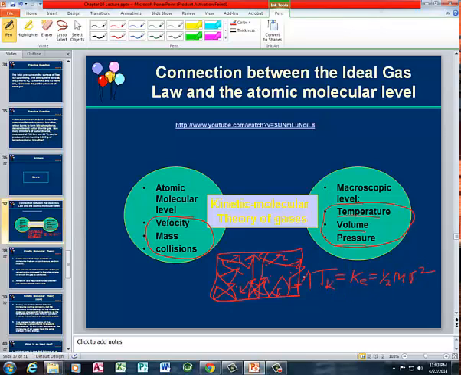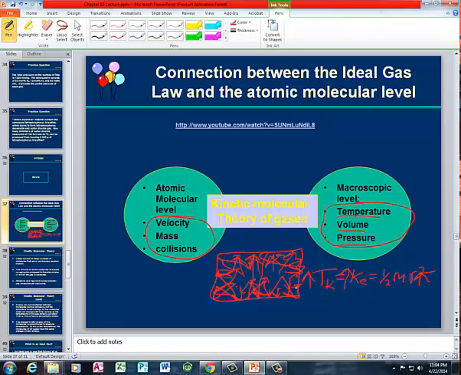Now what happens if we increase the temperature? We increase the velocity. We're not going to change the mass, but we increase the velocity, and that causes an increase in kinetic energy. What does that mean for measurable quantities like pressure? We're going to increase two things. The gas particles are moving faster, so we get more frequent collisions with the insides of the container, but also the kinetic energy of those collisions has increased.